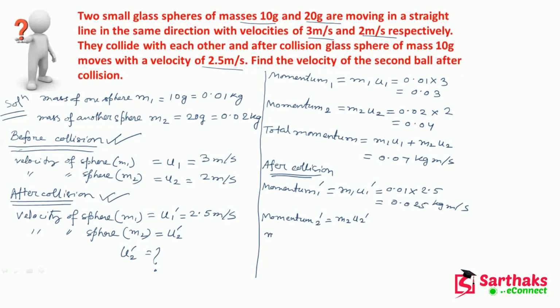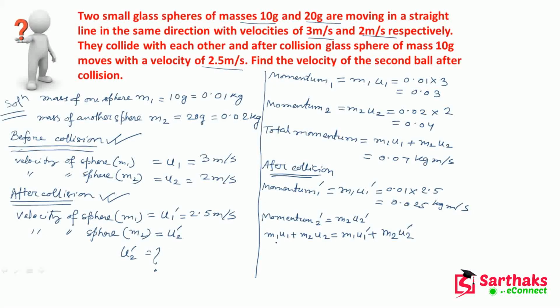So we can write m1 u1 plus m2 u2 equals m1 u1 dash plus m2 u2 dash.